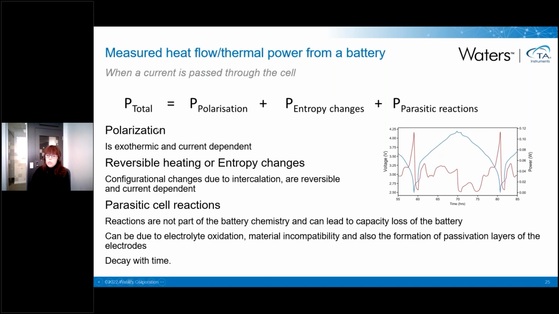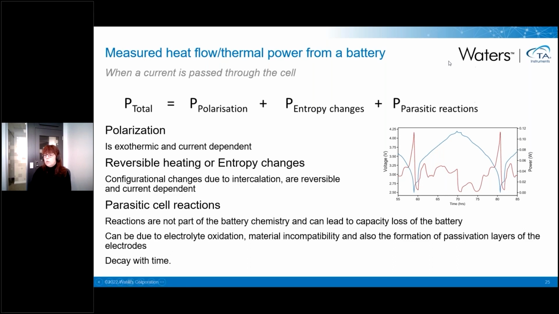So the total heat flow, we denote that P. This can be divided into the polarization heat, which is exothermic and current dependent. We have the entropy changes, which is also called the reversible heating. It's the configurational changes due to intercalation. They are reversible and they are current independent.